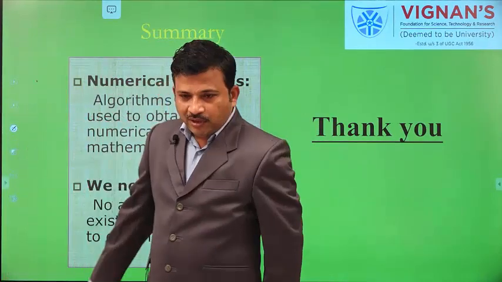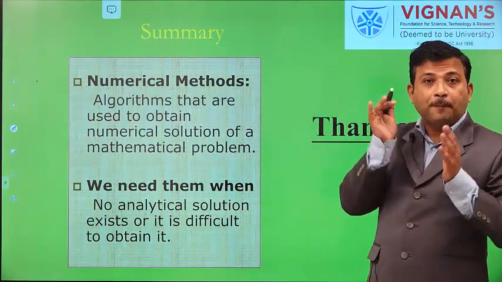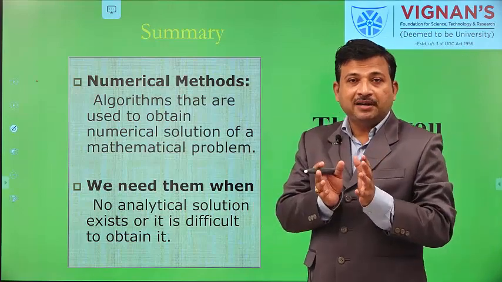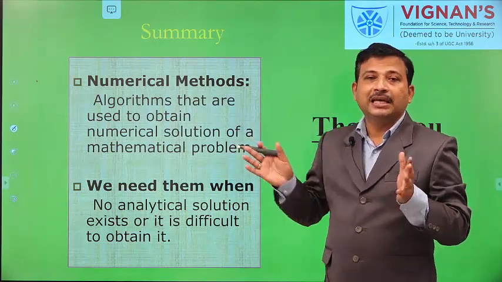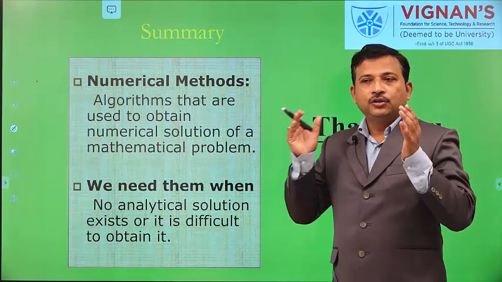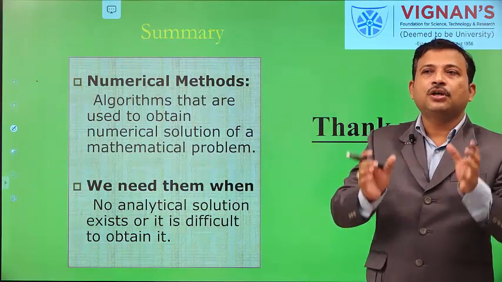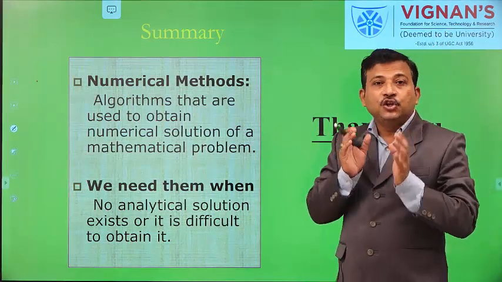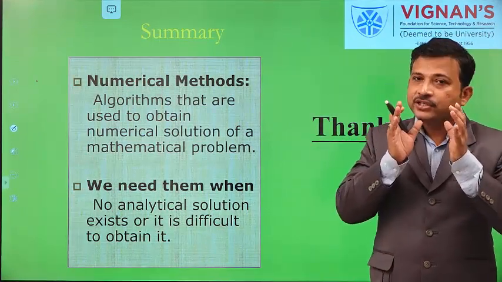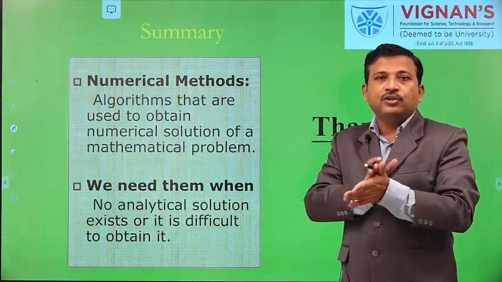The summary of what I wanted to say: algorithms that are used to obtain a numerical solution of a mathematical problem, we call numerical methods. And I have told you how important they are, right? When the problem is so complex, we need to use numerical methods. Numerical methods always give an approximate solution, not an exact solution. Is it clear? Another thing I told you is the error.